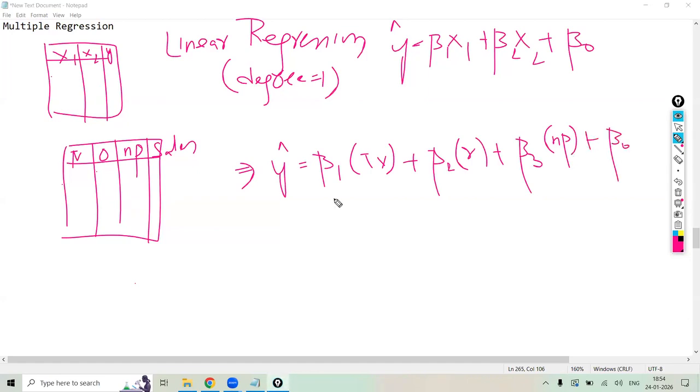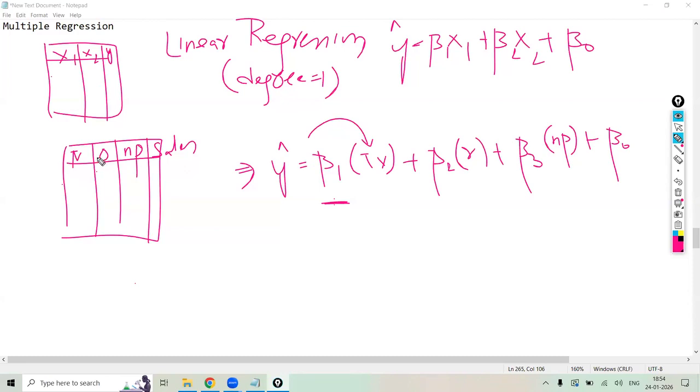Whatever value you get for beta 1 has to be multiplied with the amount of TV spend you have done. Beta 2 you multiply with radio, beta 3 into newspaper.